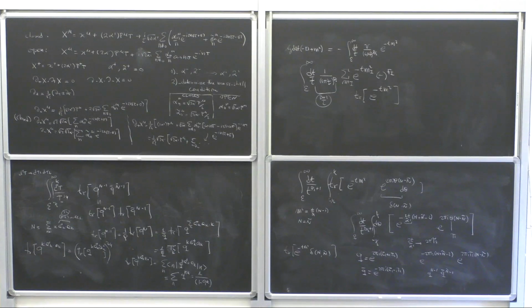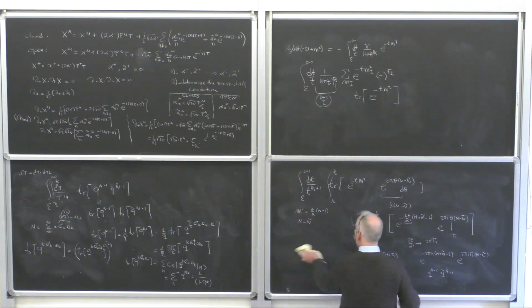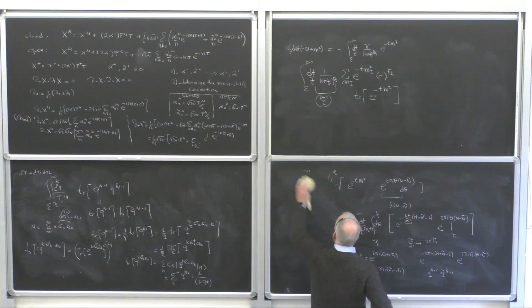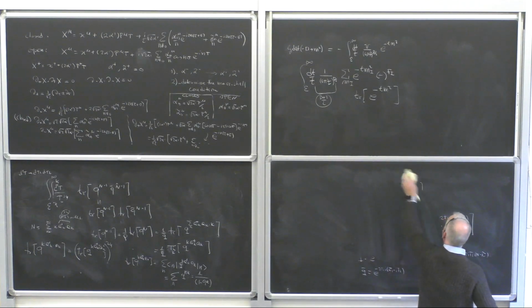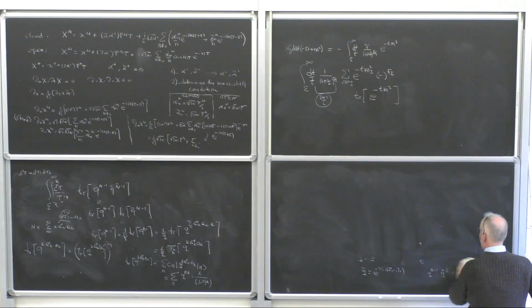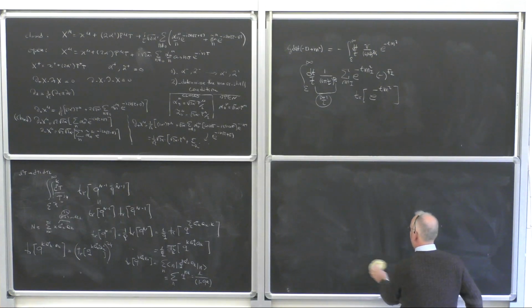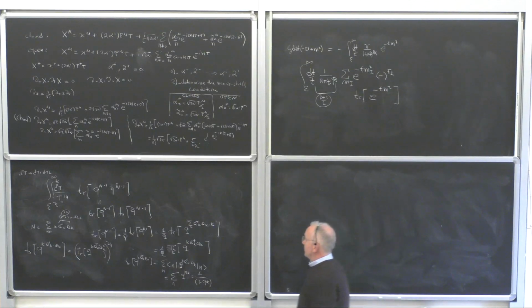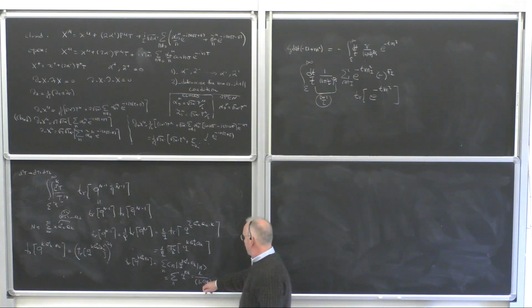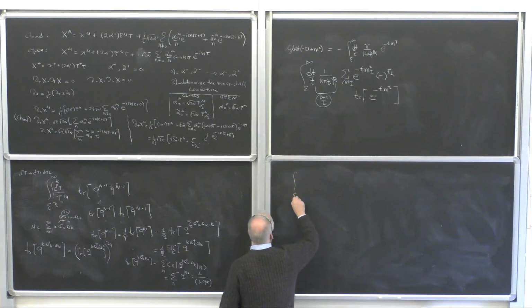So let me go to the other blackboard because this one is filled. Then I will summarize shortly what we have done. So the kth term here is this expression. So the integral that we have here has become the following.